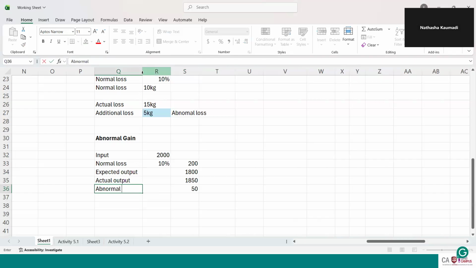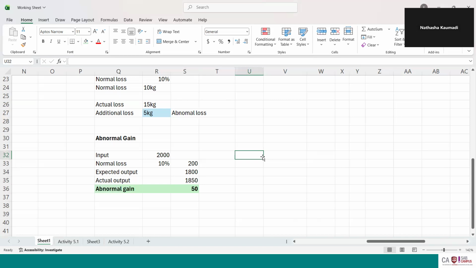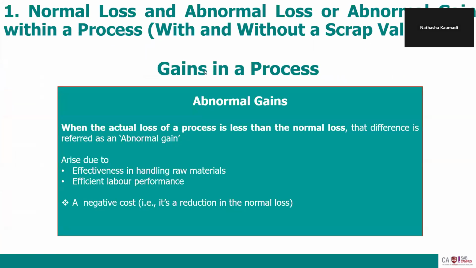This is unexpected. We are not expecting this. It's a gain. This is a simple definition I can give you for abnormal gain. I hope that's clear. Whenever your actual output is greater than your expected output, that saving is the abnormal gain. Right. So this is it.